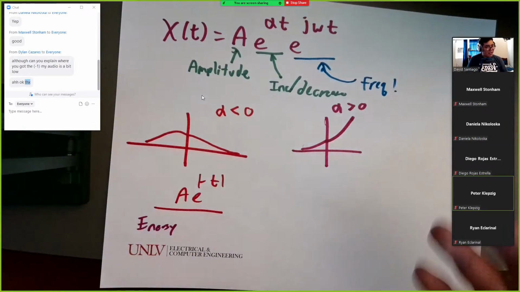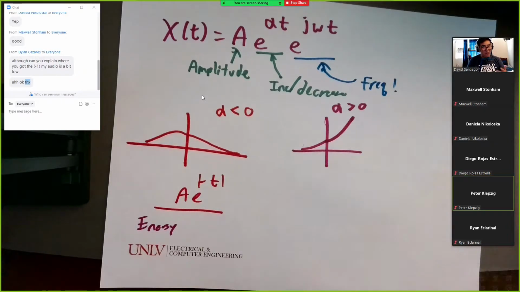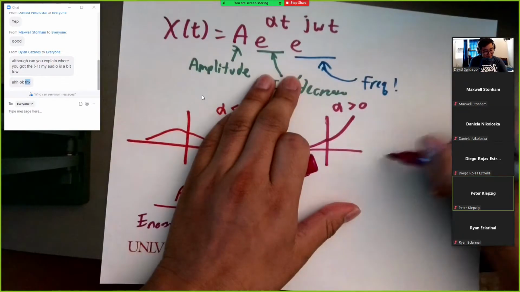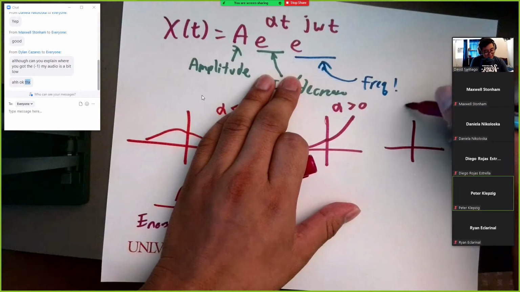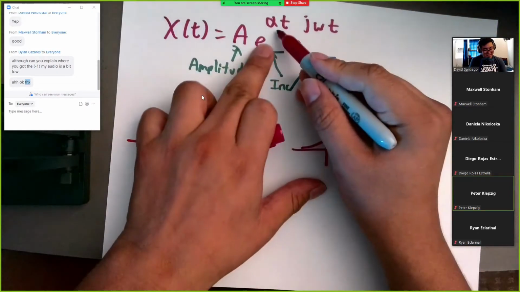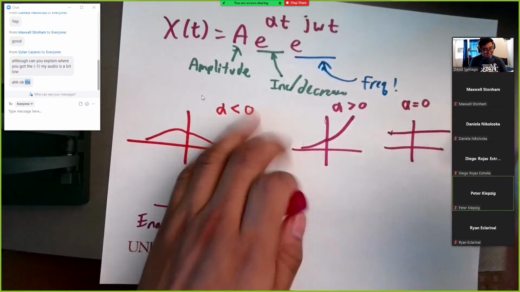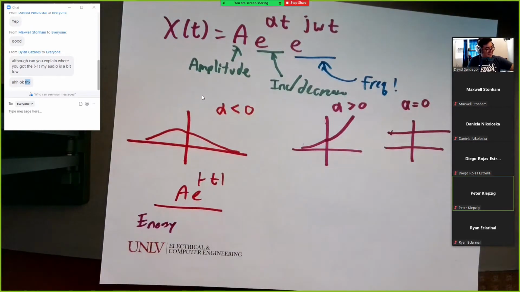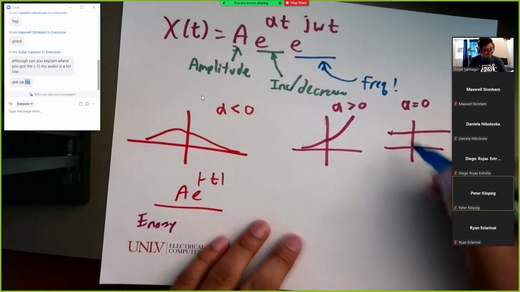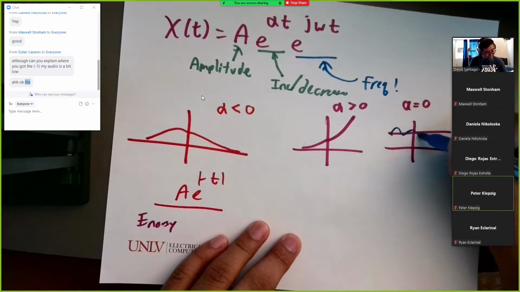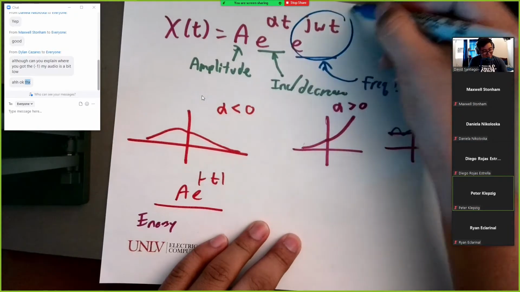Now how do you get to the point where you want it to be finite, a power signal, a periodic signal? If alpha is equal to 0, that means this term is just nothing, it's a straight line. If you want to make it wiggle, this is where this term comes into play.